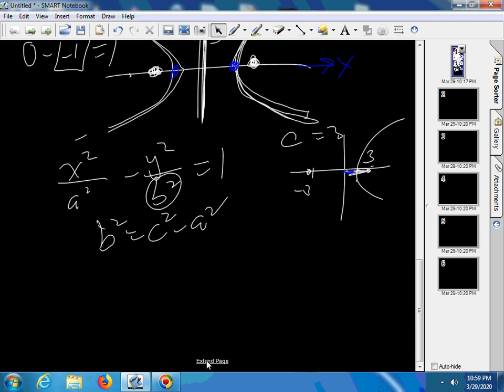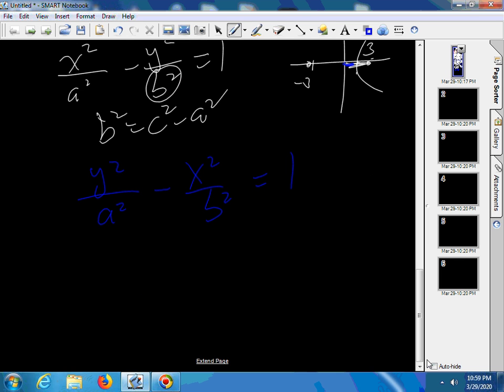Now let me just say one last thing. If I were to reverse x and y, if I had y squared over a squared minus x squared over b squared equal 1, well, we're just playing games. I interchanged x and y.